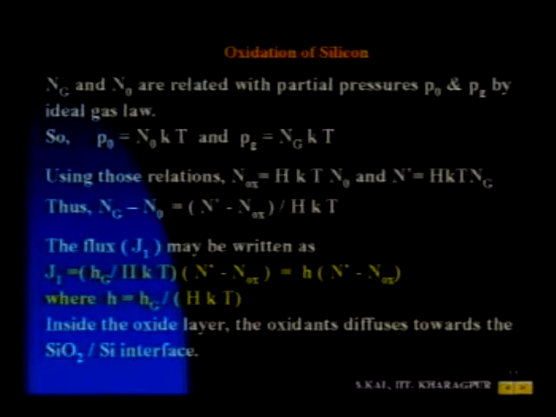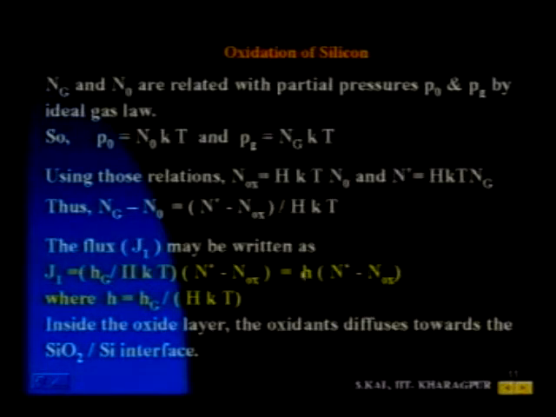In the earlier expression we have shown that J1 is equal to small hg into Ng minus N naught. Now, if I replace this Ng minus N naught with N star minus Nox divided by HkT in that equation, then the flux J1 becomes equal to hg divided by HkT into N star minus Nox.